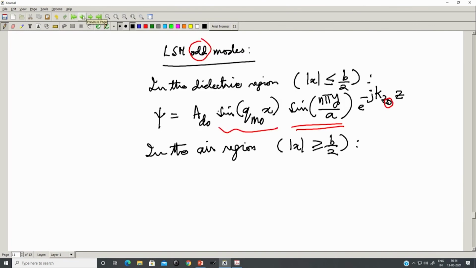So, in this case however, in the air region which is mod x greater than b by 2, psi is equal to A_AO exponential minus p_MO mod x minus b by 2.